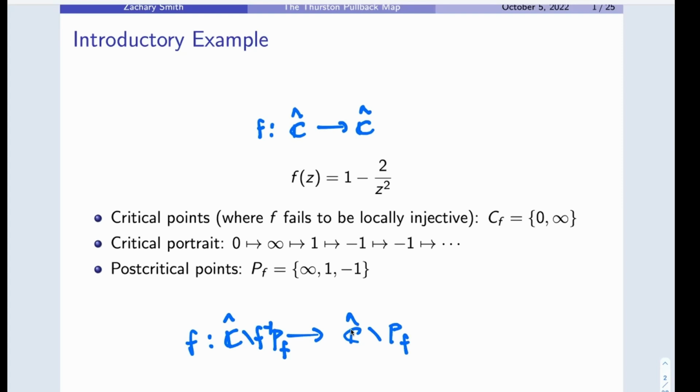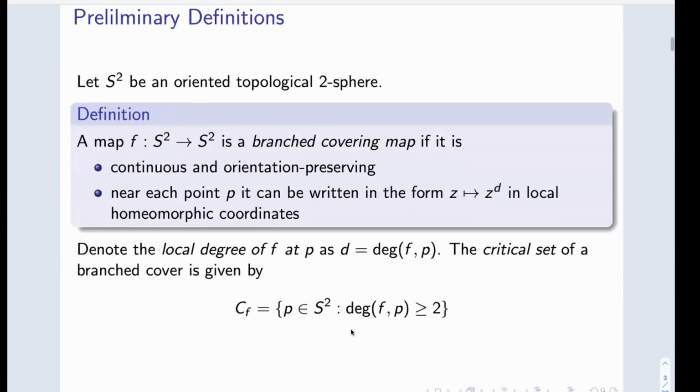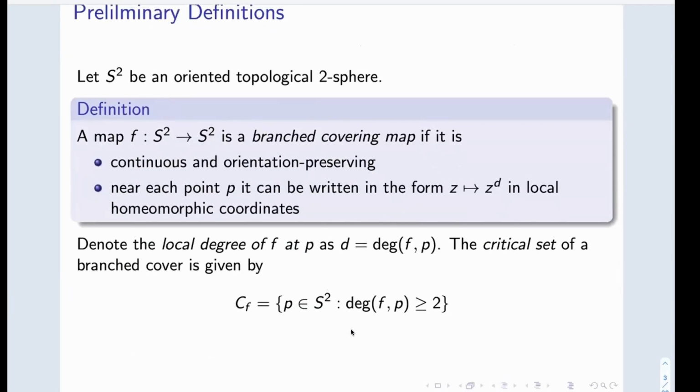We'd like to look at a more general class of maps today, and that's going to be branched covering maps, or more specifically, Thurston maps. For those of you who aren't familiar with these definitions, a branched covering map is going to be a map from the sphere to the sphere. It's going to be continuous and orientation preserving. And in local homeomorphic coordinates, it's going to look like z maps to z to the d.